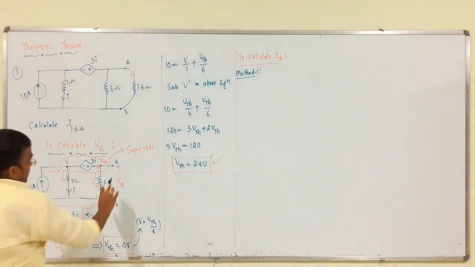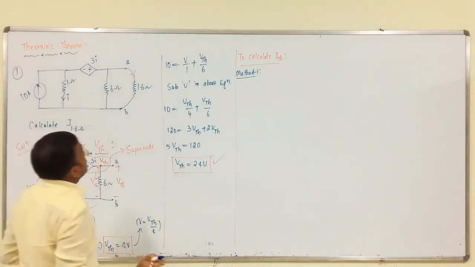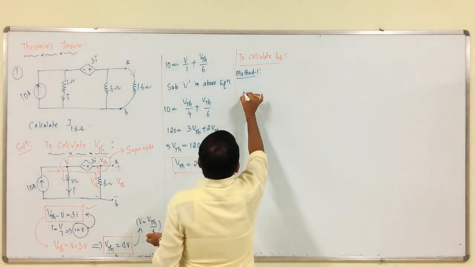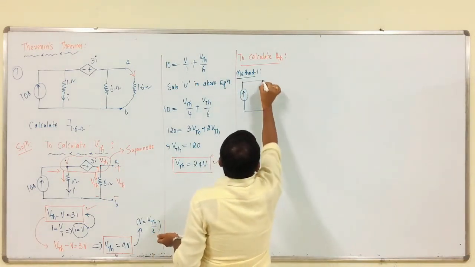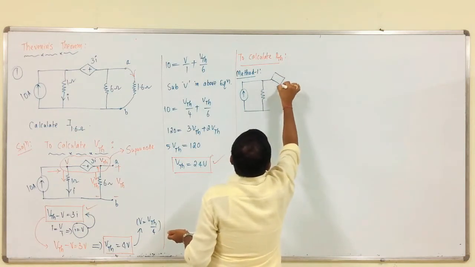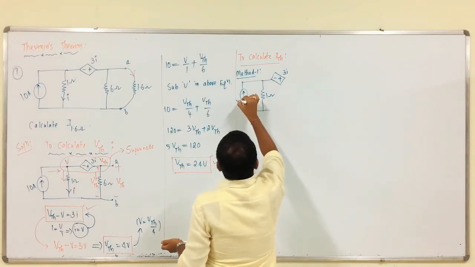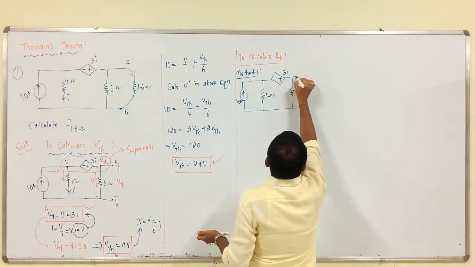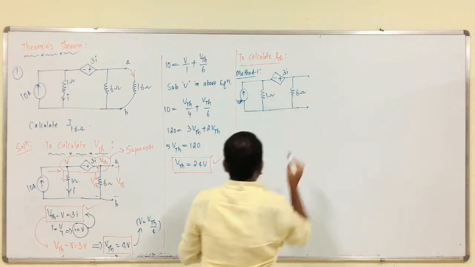We have to remove this load and short these two terminals and calculate ISC. So the circuit has 1 ohm, minus plus, this is 3I, this is 10 amp, and this is the 6 ohm branch.